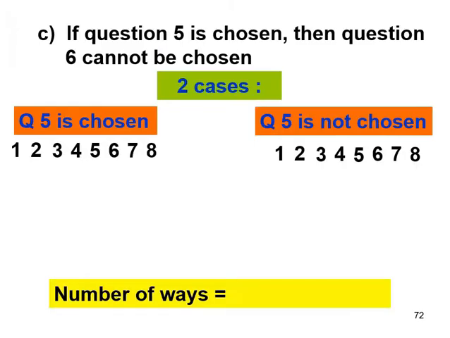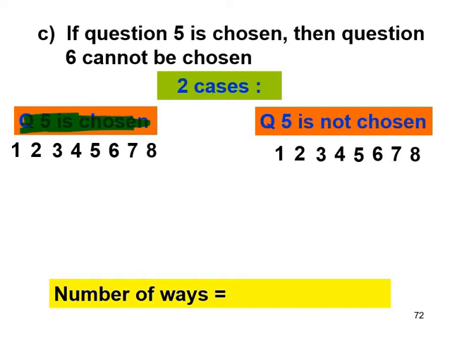And now let's look at question C. If question 5 is chosen, then question 6 cannot be chosen. So we are going to look at 2 cases here. The first case, if we choose question 5, question 5 is chosen here.